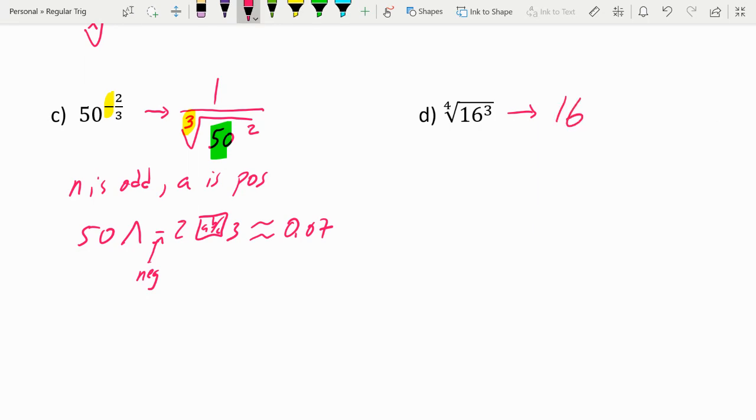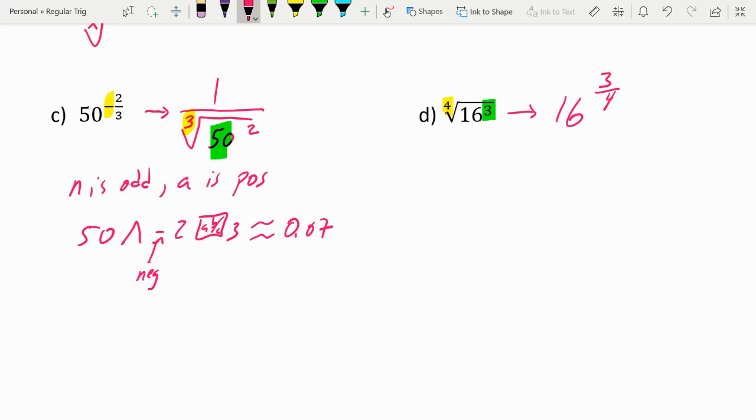So we're going to have 16 raised to the, remember, this is going to be my numerator, 3. And then there's my index. That's going to be the denominator. 16 to the 3/4 power.